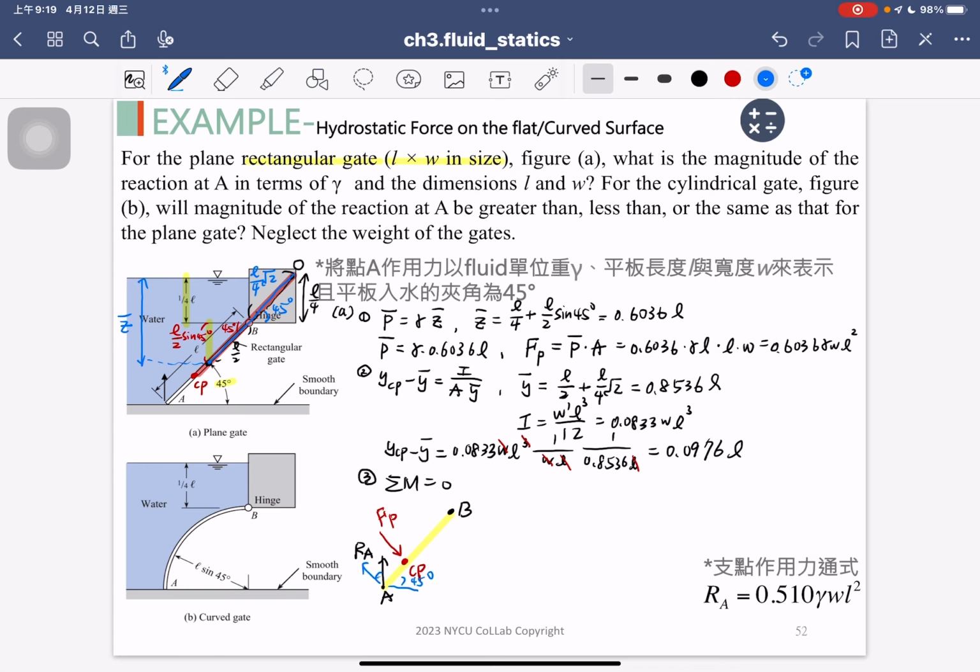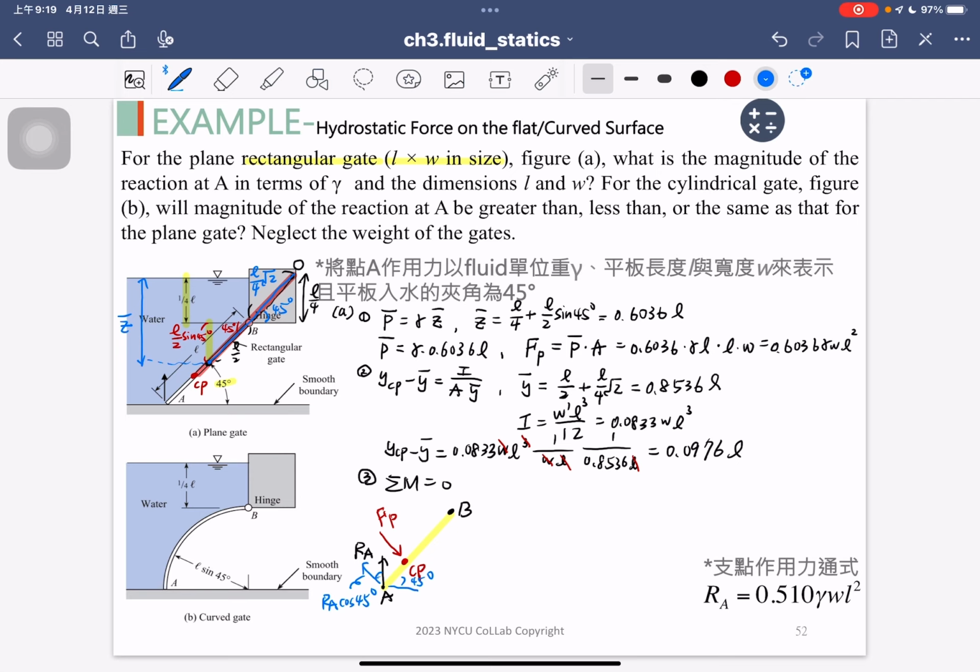So we can project the reaction force along the blue line direction. Use cosine 45 degrees: the reaction force projected into the blue line direction is RA multiplied by cosine 45 degrees.